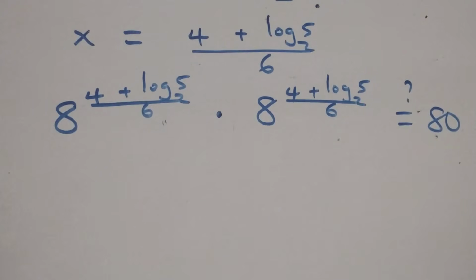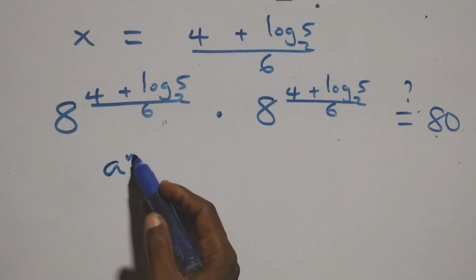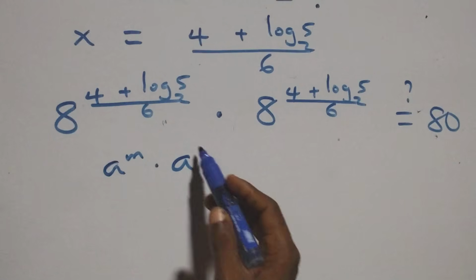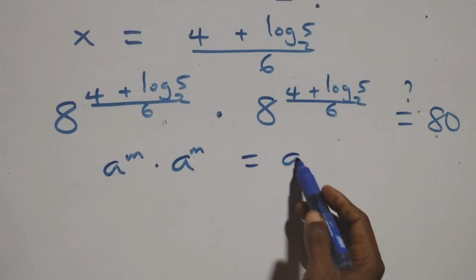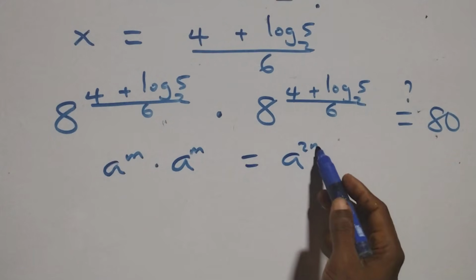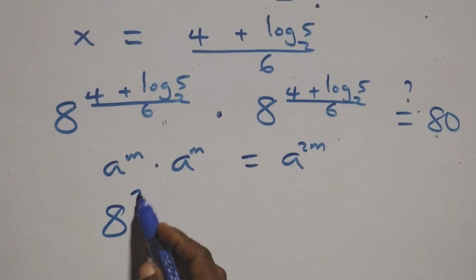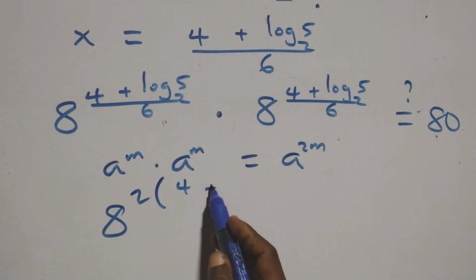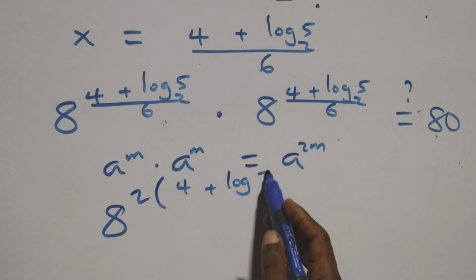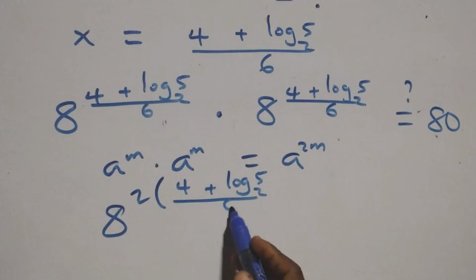The same base multiplying: a raised to power m times a raised to the same power m is a raised to power m plus m, that's 2m. Here we have 8 raised to power 2 times 4 plus log 5 base 2 all over 6.